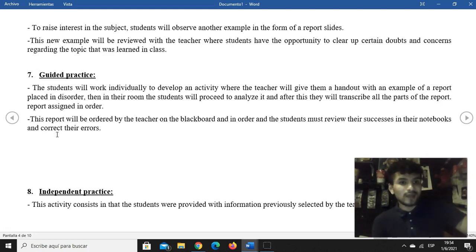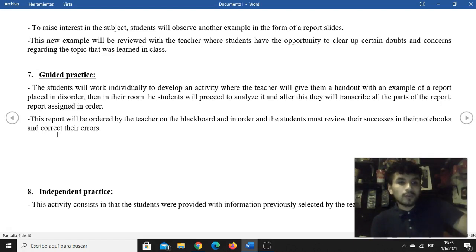In the guided practice, the students will work individually to develop an activity, where the teacher will give them a handout with an example of a report, to put in order, and then the students will proceed to analyze. After this, they will transcribe all the parts of the report in order.